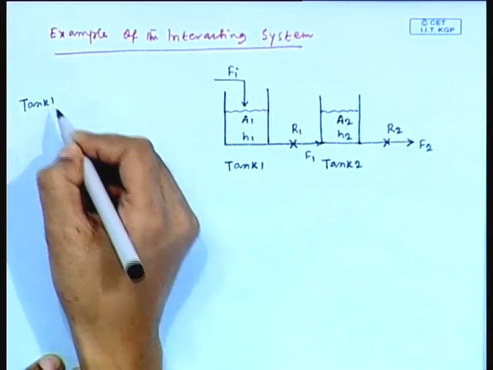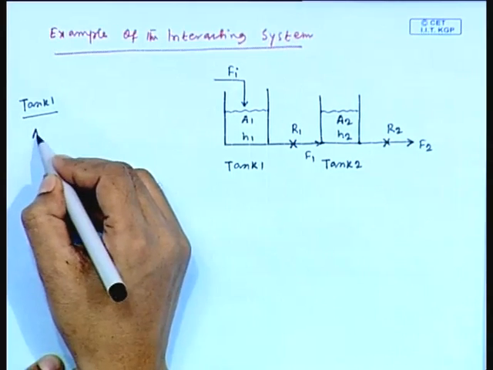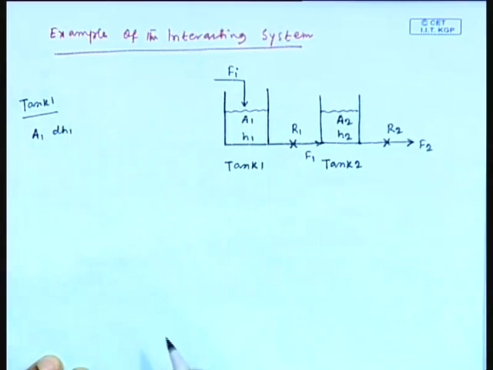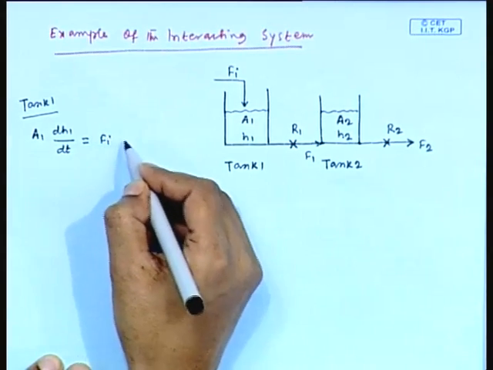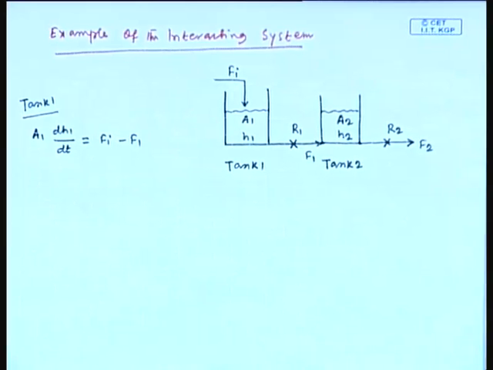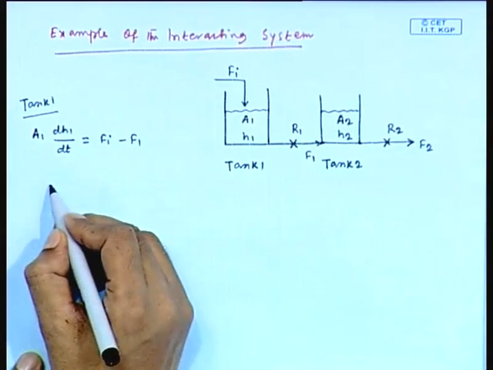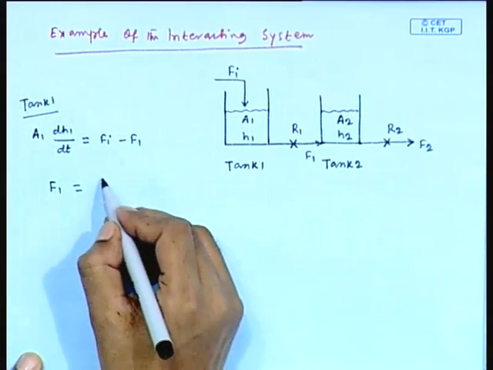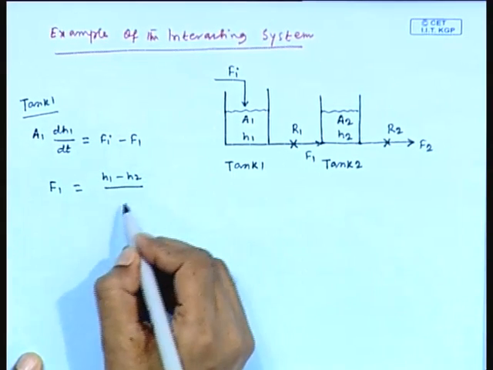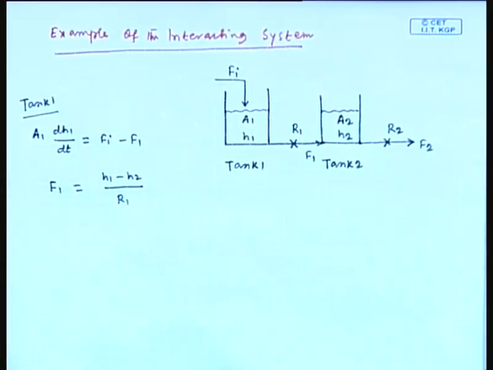So, the modeling equation for tank 1 we can write in this form: A1 dH1 dt equals Fi minus F1. What is the relationship of F1? F1 equals H1 minus H2 divided by R1. Since H1 is higher than H2, that is why there is a flow.